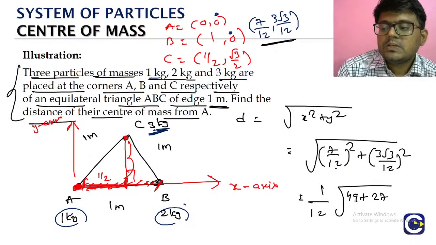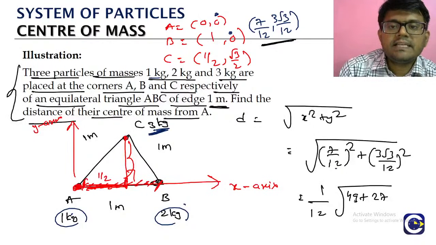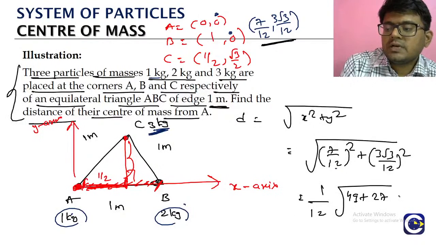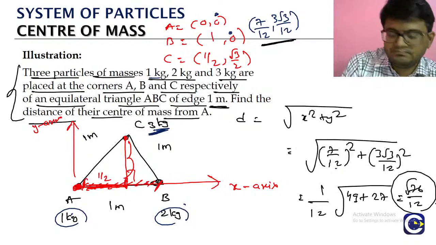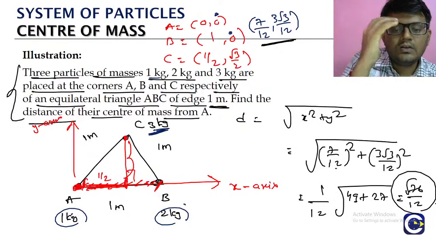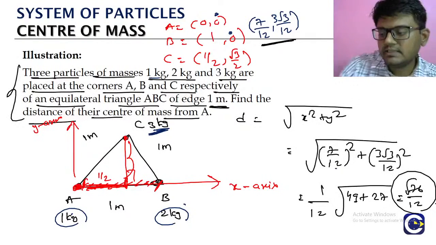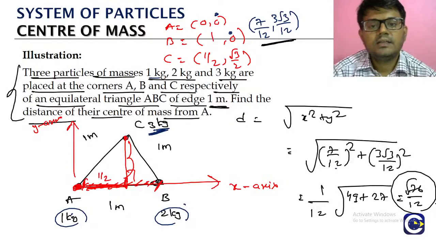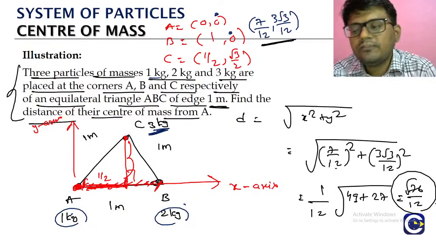So 49 plus 27 is 76. So it is root 76 divided by 12. That is the distance of the point from the vertex A.